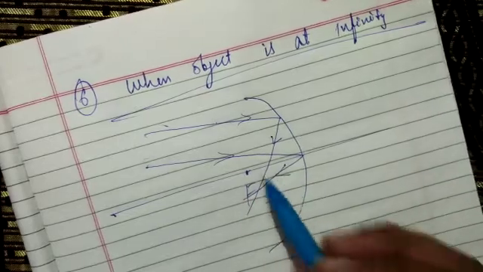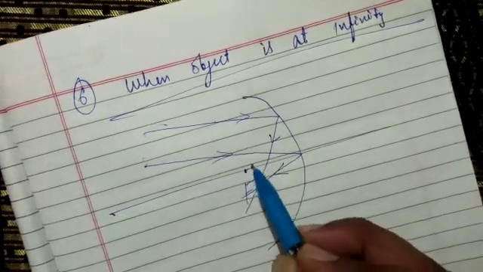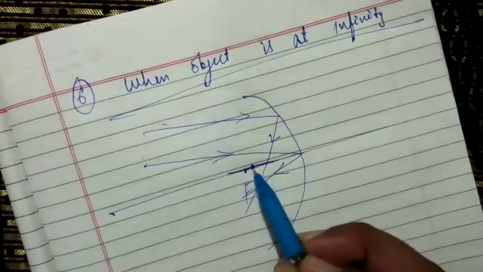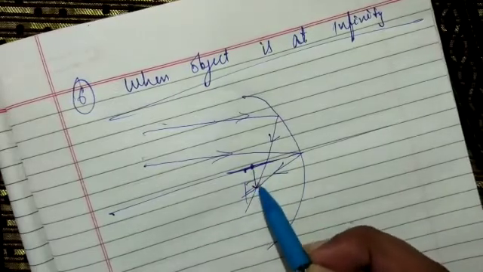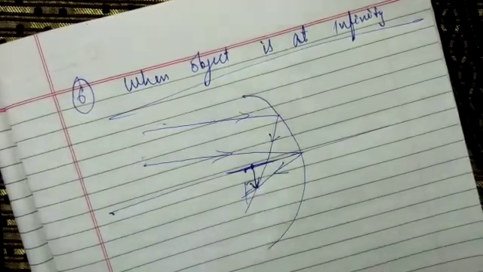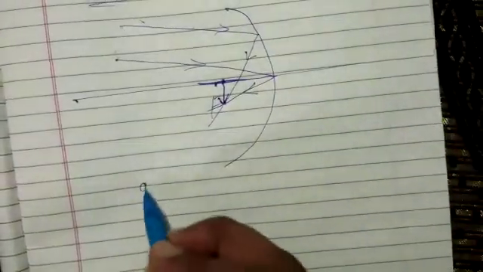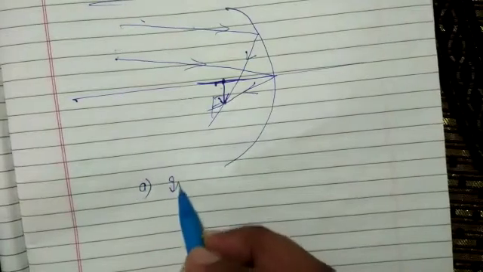Actually, because I'm not using a scale, the image will be formed here, and this image will be very small. Again, the image is real and inverted.